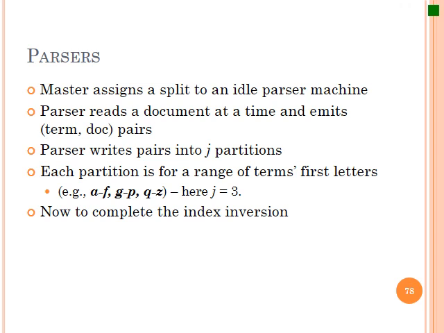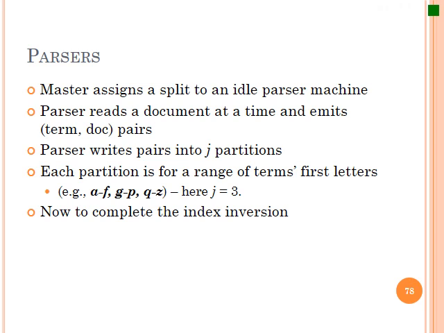The master will assign a split to an idle parser machine. Remember, the split is a set of documents. So the parser reads a document at a time and emits the term-document pairs. Essentially it scans through the documents, takes out all the unique terms, and returns the term-document mapping.